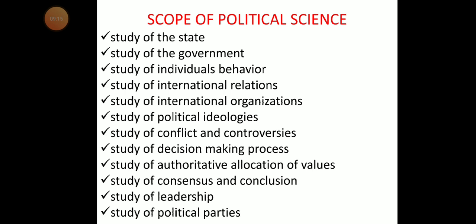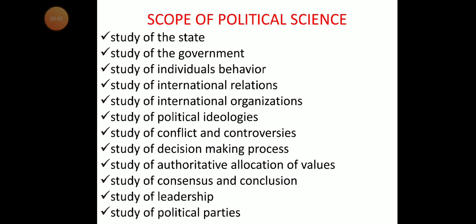And government is always busy trying to provide the people all kinds of facilities: education facilities, health facilities, employment facilities, right? So they have to make certain decisions, and political science is concerned with this process of decision making, through which they provide their people all those facilities. And it happens only through this decision making process.